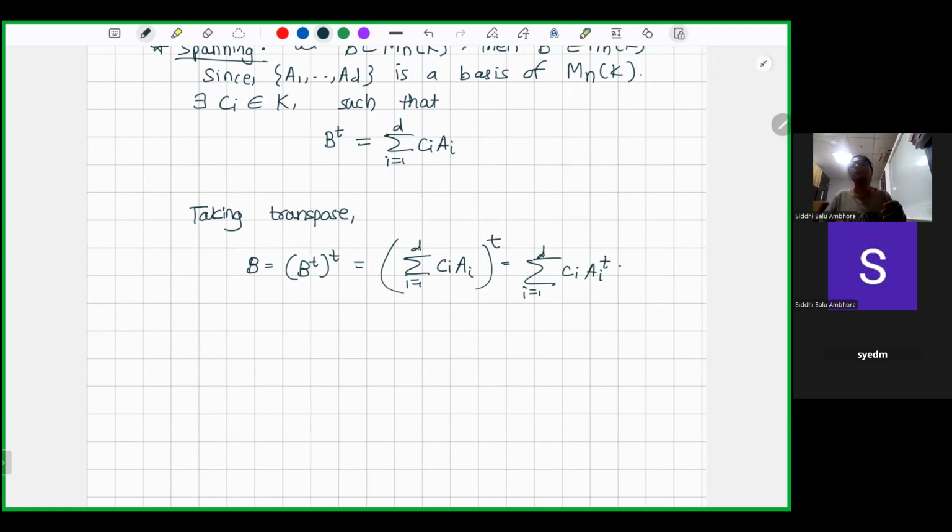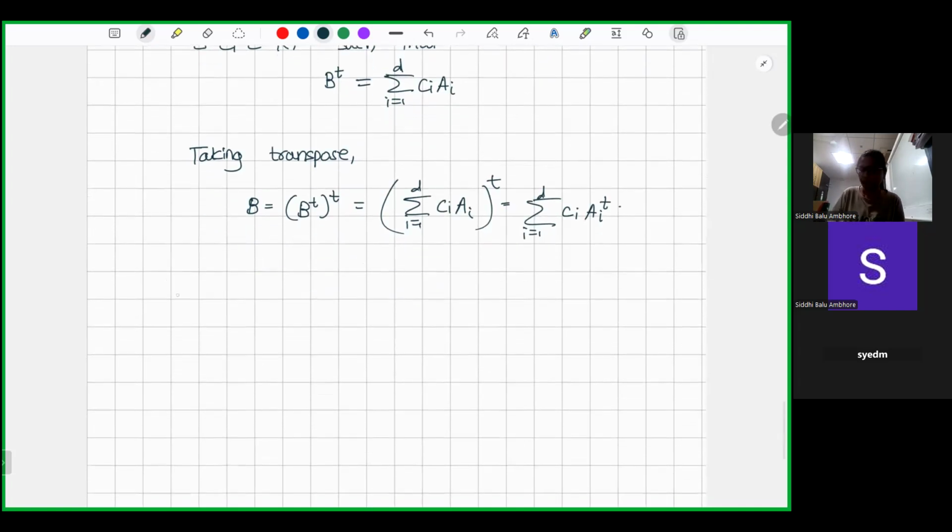So basically we also know how these ai transpose span the given vector space. Hence this B is a linear combination of A1 transpose to AD transpose.